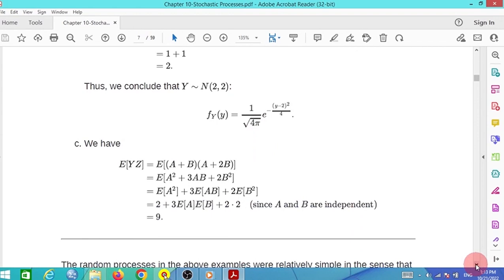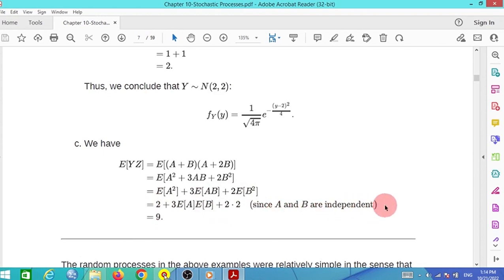This is part B. For part C, the expected value of Y multiplied by Z: replace Y and replace Z. The expected value of a sum equals the sum of expected values. Since A and B are independent, if two random variables are independent, the expected value of the product equals the product of the expected values.